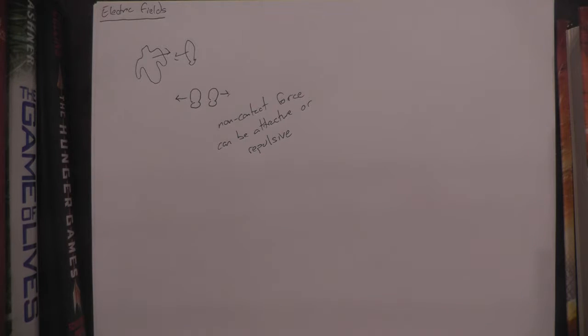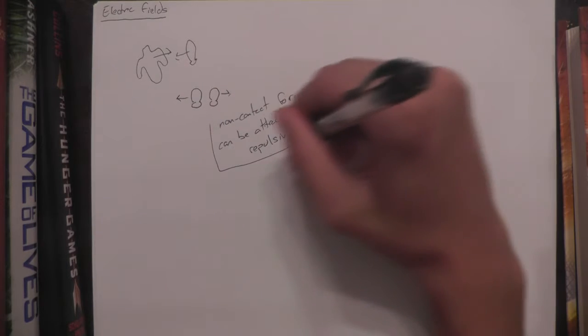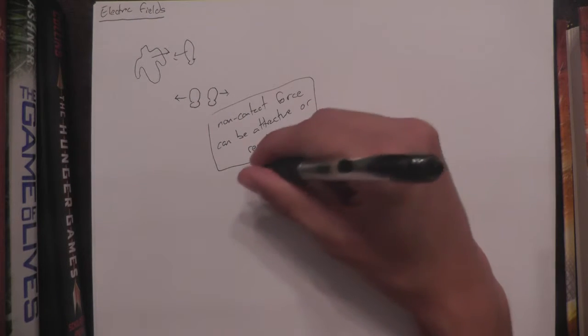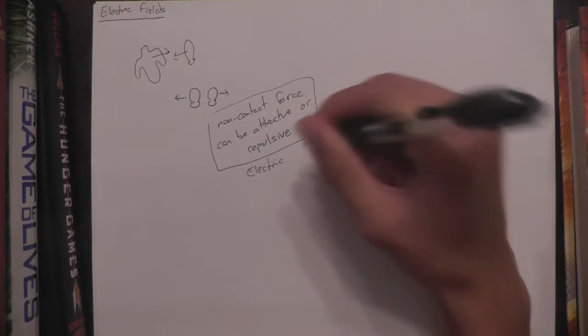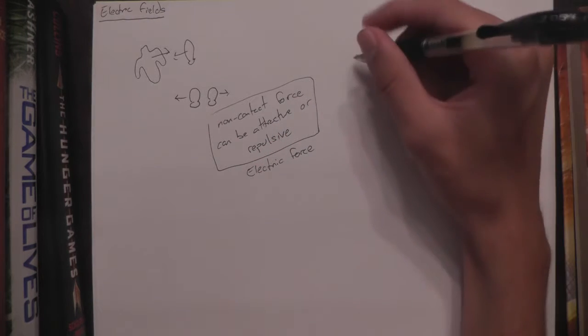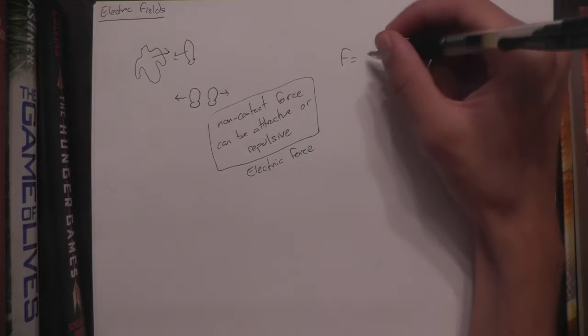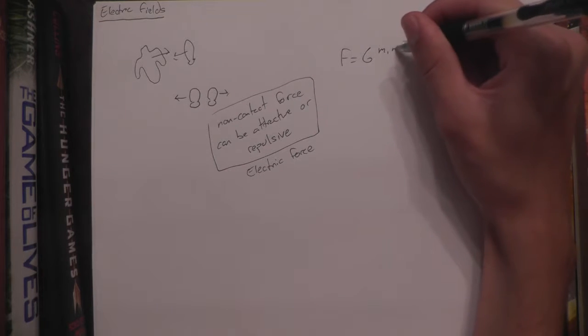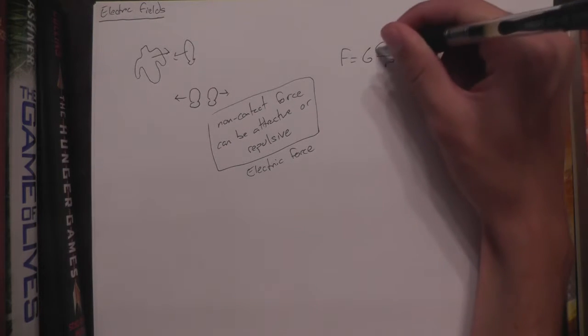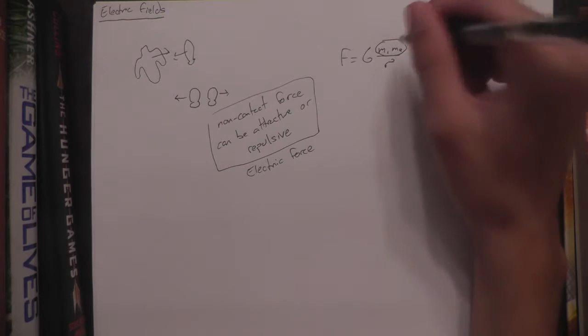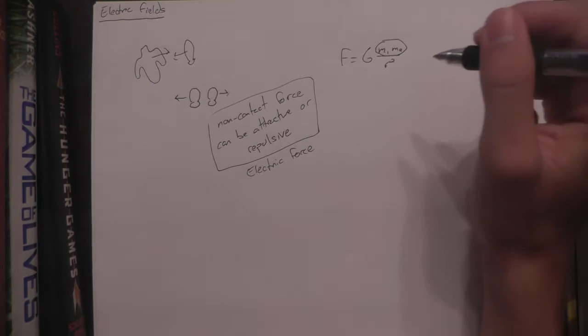Now, these are the properties of our electric force, but gravity is caused by mass. We know that, right? If we look at our law of universal gravitation, it's these masses up here that are the property of matter that cause the force of gravity.